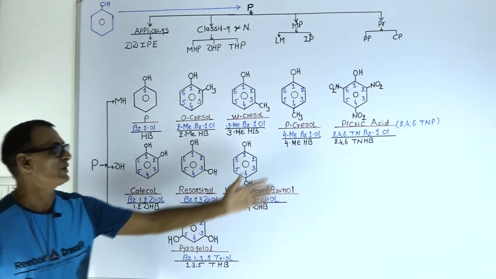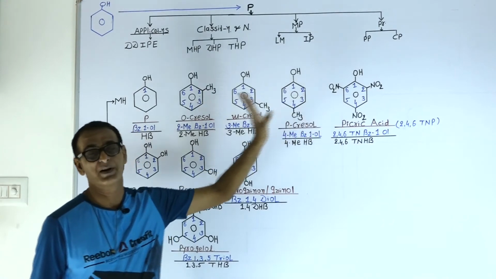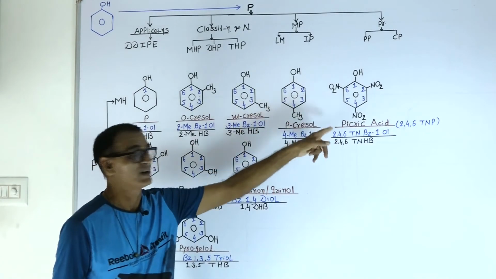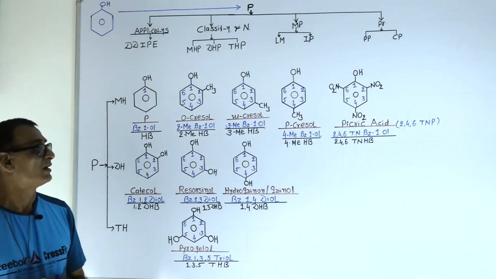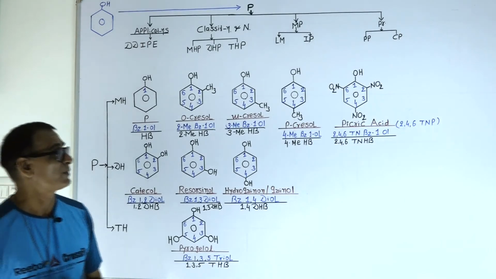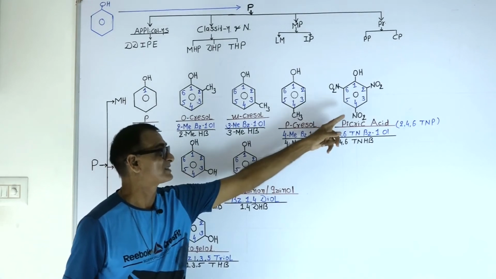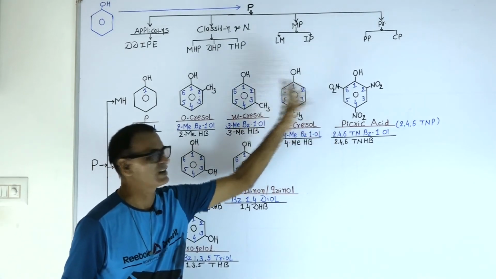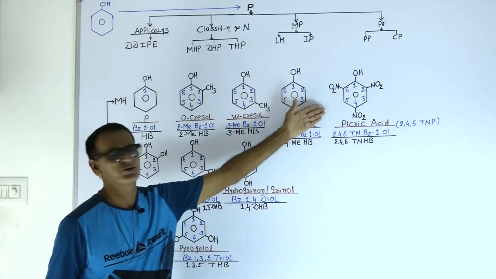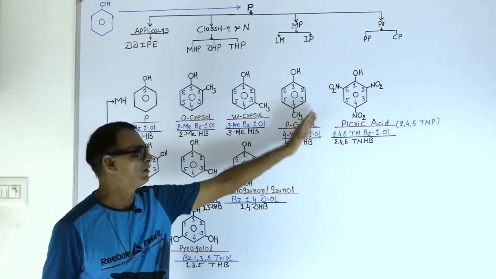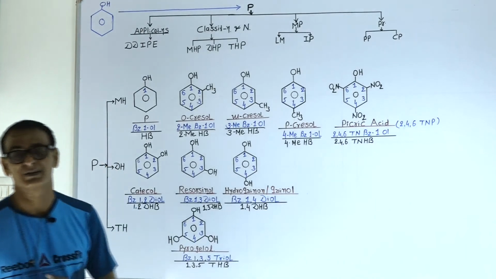And this is the compound in which only one OH group and three nitro groups are present on the benzene ring, with the nitro groups on the second, fourth and sixth positions. Yes, this is an illustration of a monohydroxyphenol. Its common name is picric acid.